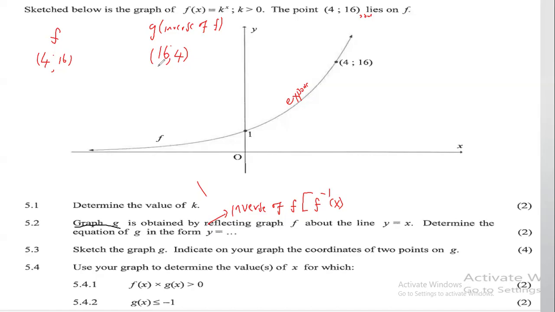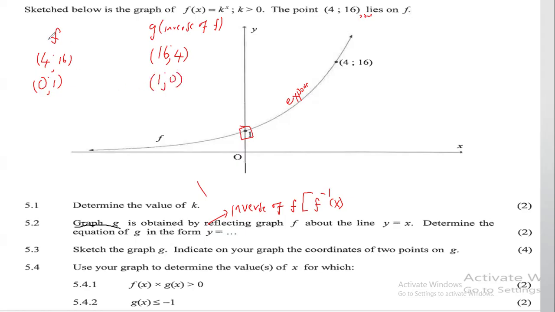If you have a point on the original function, the point on the inverse is a matter of swapping the coordinates: 16 and 4. Now I have another point, which is (0, 1), the y-intercept on f. It means the point on g is going to be (1, 0).